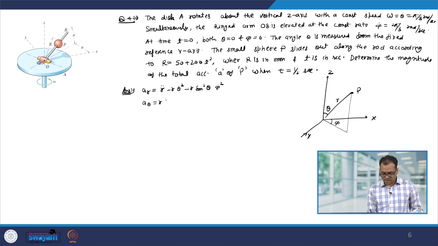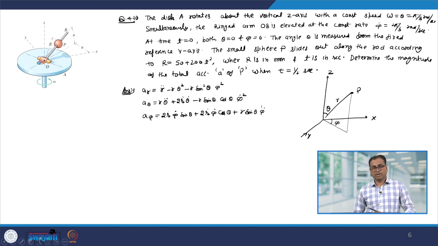Our A theta was r theta double dot plus 2 r dot theta dot minus r sin theta cos theta phi dot square, and A phi was 2 r dot phi dot sin theta plus 2 r dot phi dot cos theta plus r sin theta phi double dot.